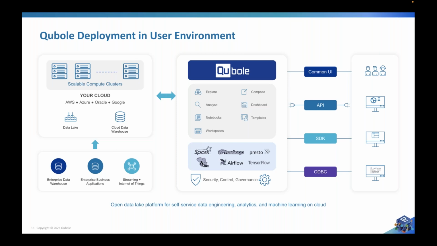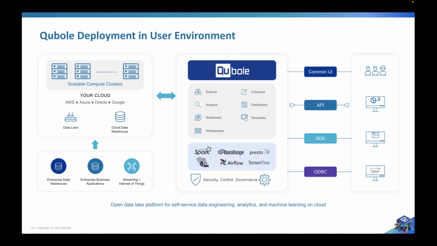You will give access to Cuball to manage that, but Cuball doesn't pull the data and process it. And we are multi-cloud, where we can run it on AWS, Azure, Oracle, or Google. Your data is in S3, and in case of AWS your processing will happen on EC2 instances, which will have the various engines as we'll talk about in the control plane.